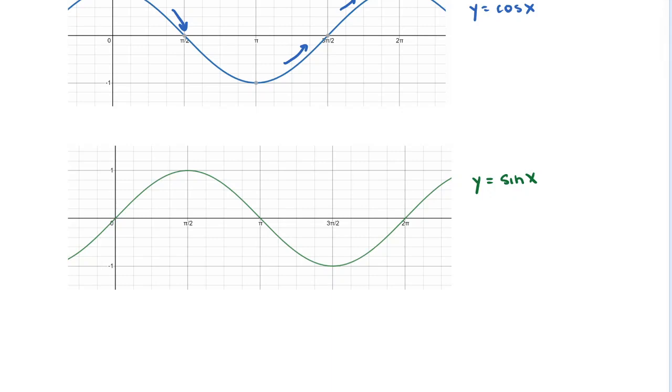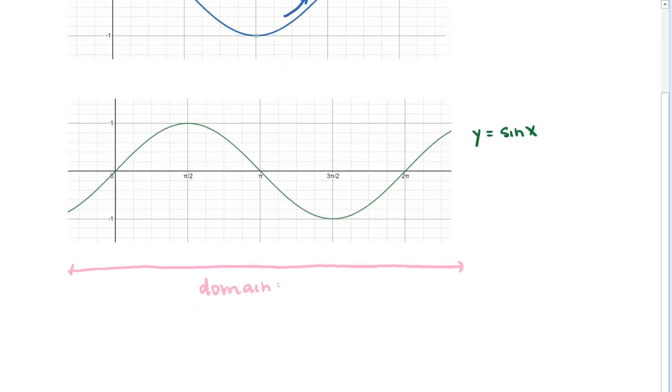We can see that these two graphs really go out left and out right. They go on and on forever in both directions. And so the domain of both of these functions goes from negative infinity to positive infinity, which is what we said before.